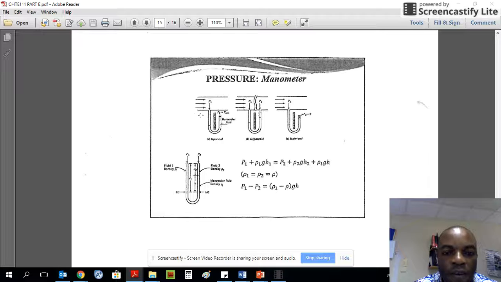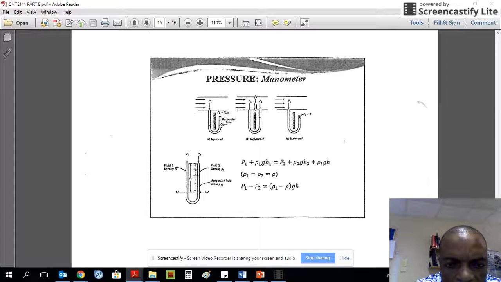We have an open end manometer, which can be used to measure the pressure at a certain point. Like, for example, we have here a pipe with a liquid or a gas flowing. Now, to find out the pressure at this point, P1, assuming that it's open here, we have the atmospheric pressure.